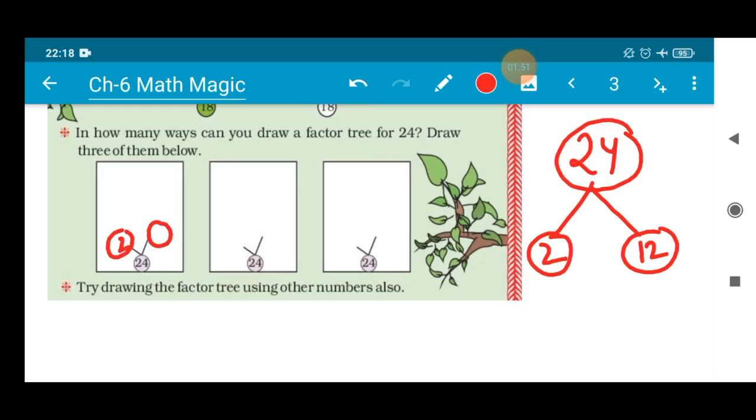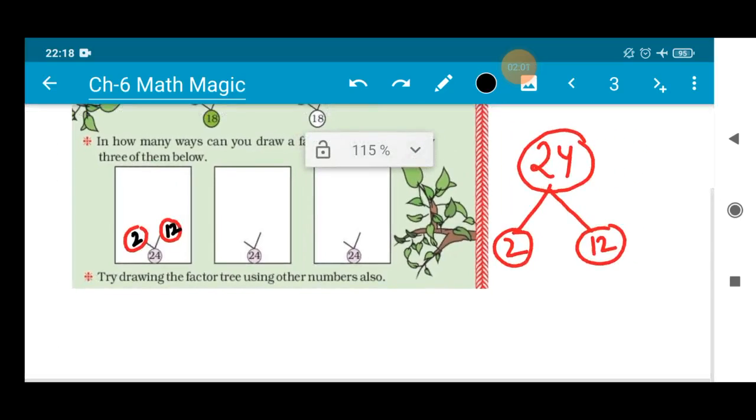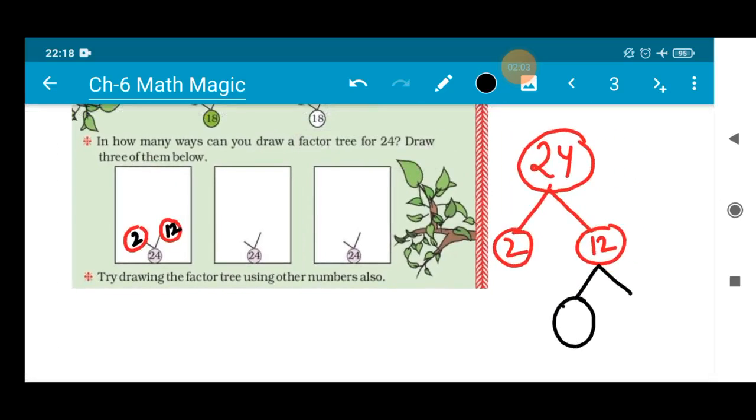2 into 12. Now 2 cannot be divided because 2 is in its prime form, but 12 can be divided into 2 into 6, because 12 is a composite number. The number which has more than 2 factors is a composite number. The number which has only 2 factors, say 1 and 2, is a prime number. You know this, right? So 12 can be divided into 2 and 6.